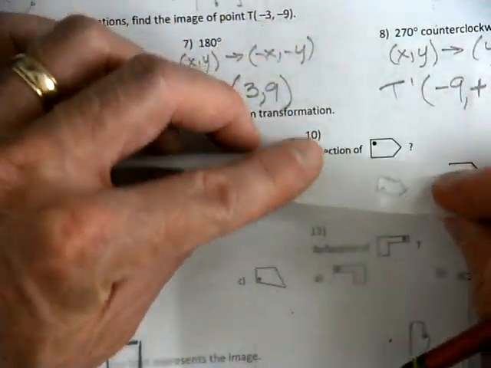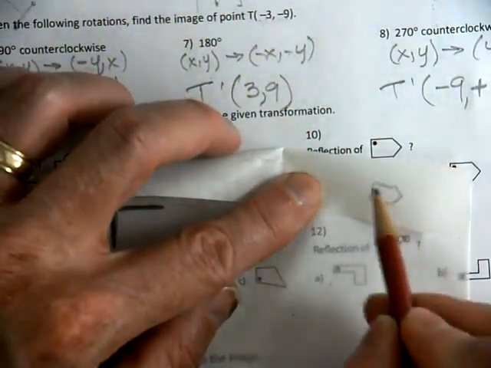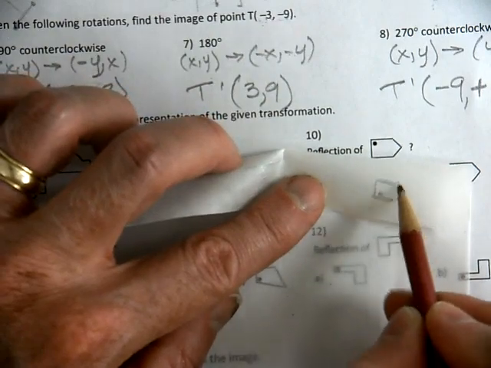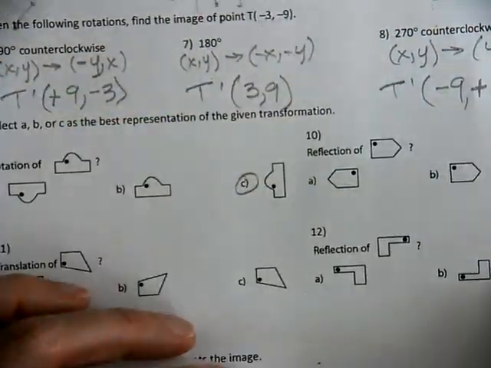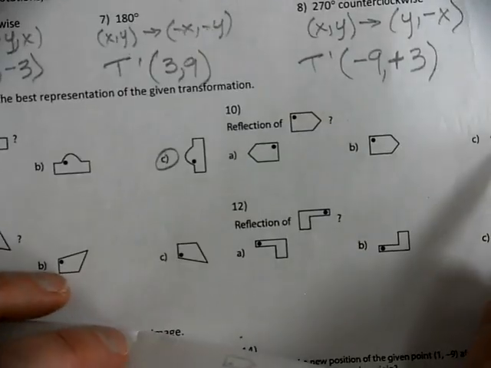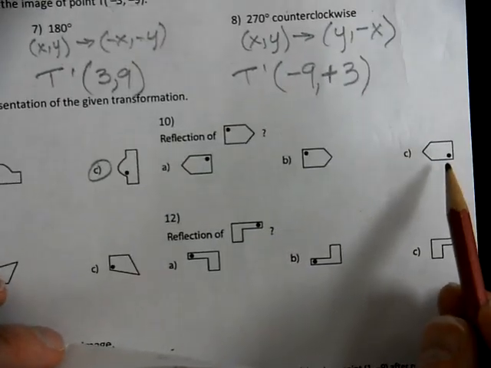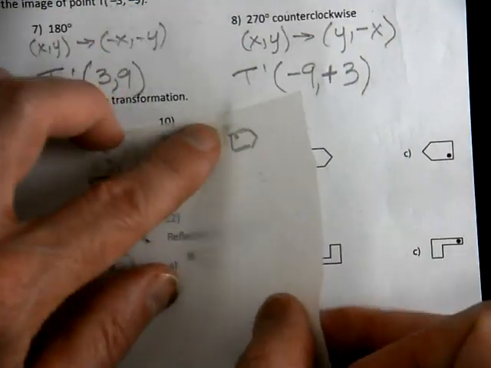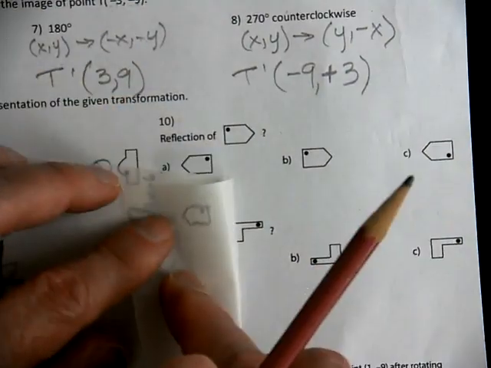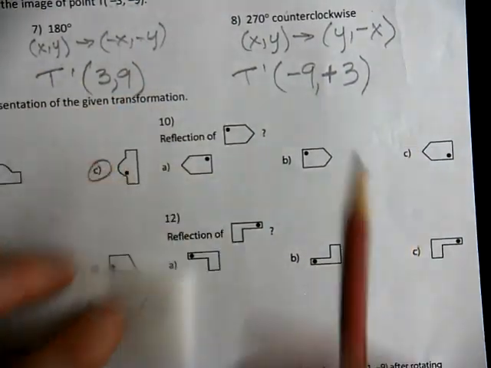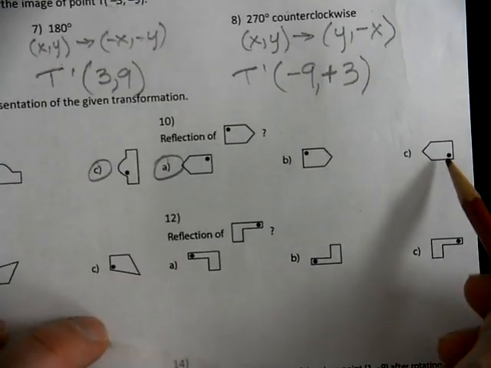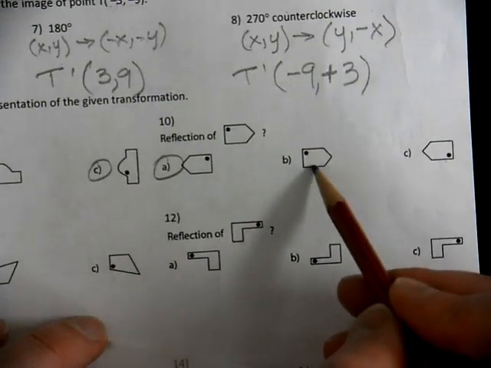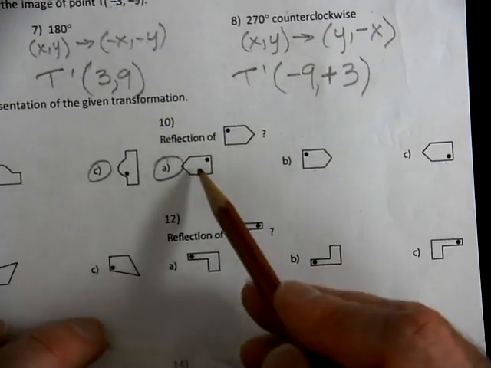If I flip it down, you can kind of still see it there. I'm pointing to the right with my dot in the lower corner. That's not like this. But if I flip it sideways, it looks exactly like that one. So this is a reflection. This one looks more like a rotation. This is a translation. And this was a reflection.